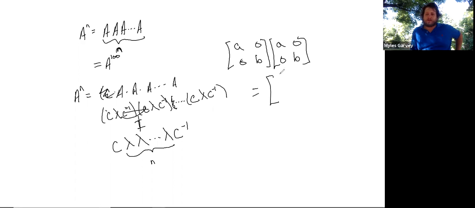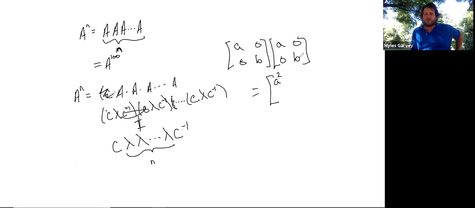However, what's interesting about any diagonal matrix, regardless of how large it is, and I'll illustrate this with just a 2 by 2 matrix so you can kind of see it, okay? Notice that if I multiply this diagonal by itself, what do I get? Well, let's see. A times A is A squared, plus 0 times 0, so we just get A squared.